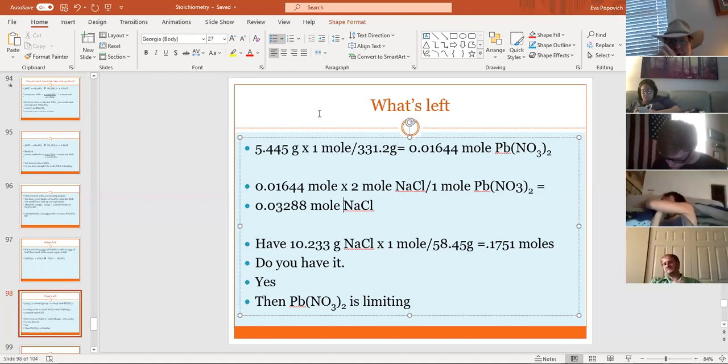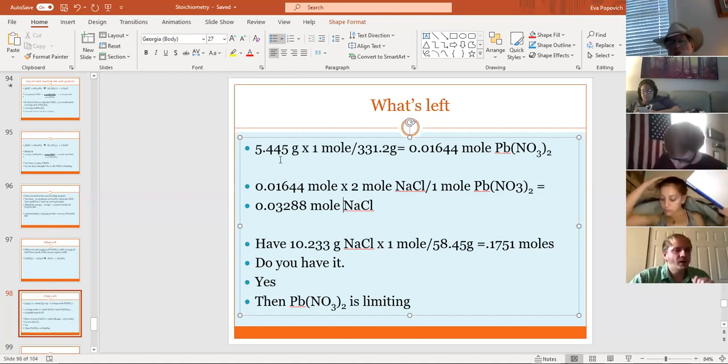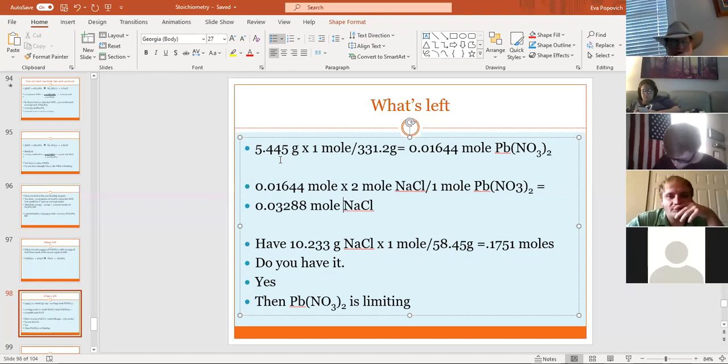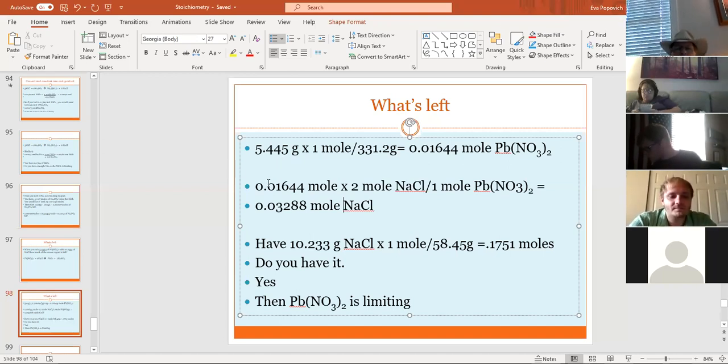Okay? So Professor, the 5.445 grams of PbNO3 gives 0.03288 of NaCl, while the other calculation we did has 0.1751. So does that mean the limiting reagent is PbNO3? Okay. I got to sit here and work through the logic here.